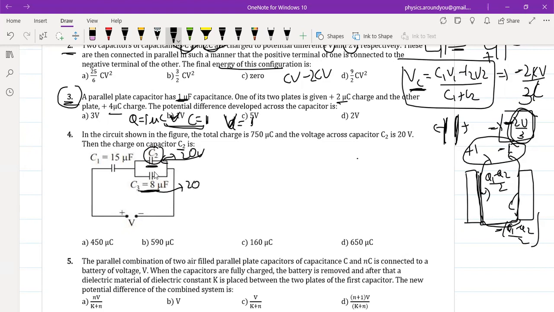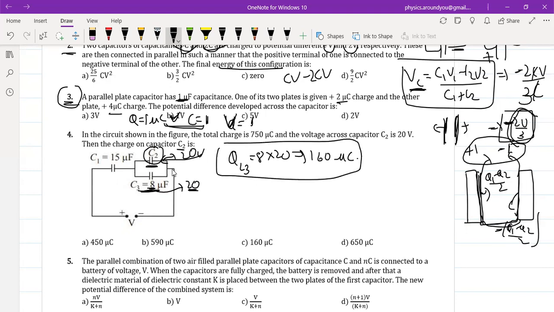Because both of them are in parallel. So if I know voltage across C3 is 20, what shall be the charge? Q equal to CV if I apply for C3. Charge on C3 is 8 into 20, which is 160 microcoulomb.